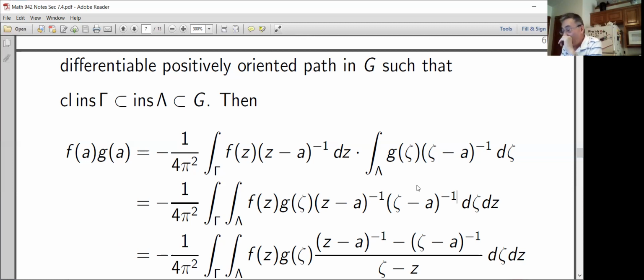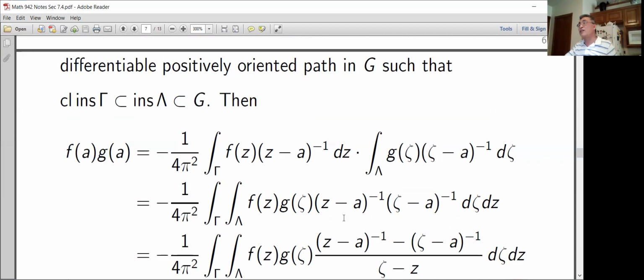So, since a commutes with a, z minus a commutes with zeta minus a, and the inverse, by the principle I mentioned, this inverse commutes with this inverse. So therefore, we can treat this very much in the way we do in the scalar case. So that's why we get this result.